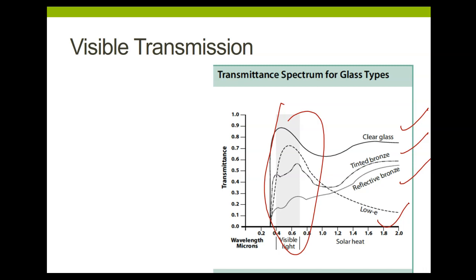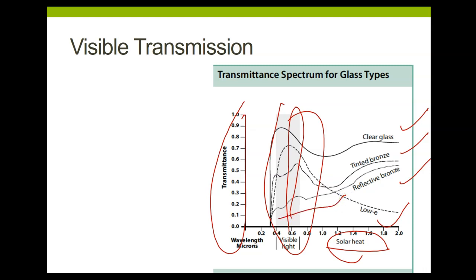So you want more of this and less of solar heat, which is infrared. And this is the wavelength for visible light. If you look at the spectrum of light, there's infrared and there's ultraviolet. So you don't want the ultraviolet, you don't want the solar heat, but you want the visible light. So far the reflective bronze will block a lot of the visible light, but also give you some solar heat.